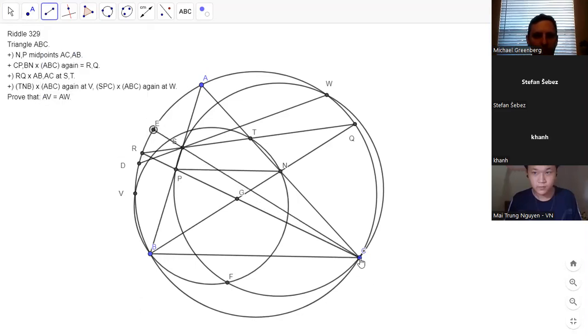So then we know that AEBC is harmonic. I think that's true. Let me check that. So before we had DBC is harmonic, and then that would mean AEWC is harmonic.